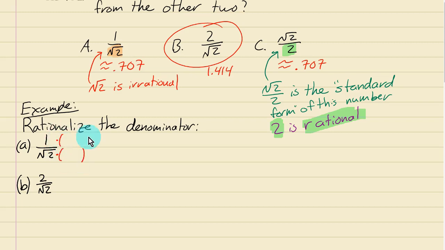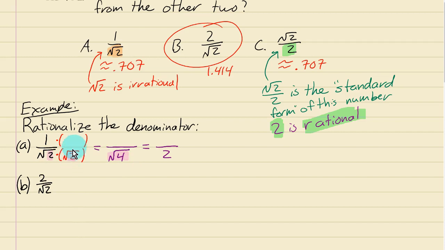We'll figure out what that is, so that the denominator we're left with is something like the square root of 4, because the square root of 4 is going to become a nice rational number like 2. So what's needed here in this denominator is another square root of 2, because root 2 times root 2 will give you that root 4 that you want.